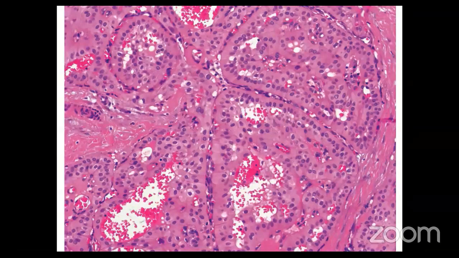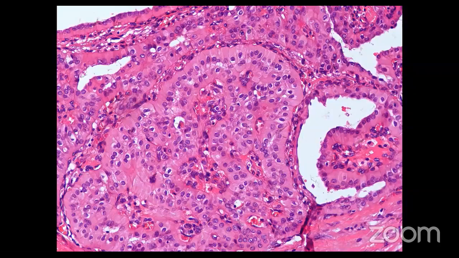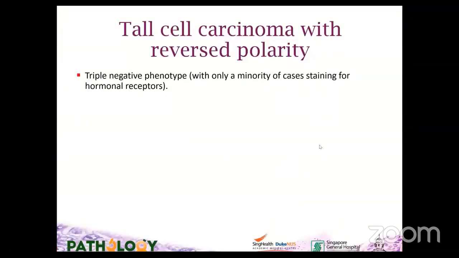An example of tall cell carcinoma with reversed polarity showing the congested fine vessels and the cells with eosinophilic cytoplasm, with the nuclei that seem to float up from the bases of the cells and having a regimented pattern along the apical borders of the cells. Another example with papillary architecture, and again the nuclei approximating the luminal borders of the cells.